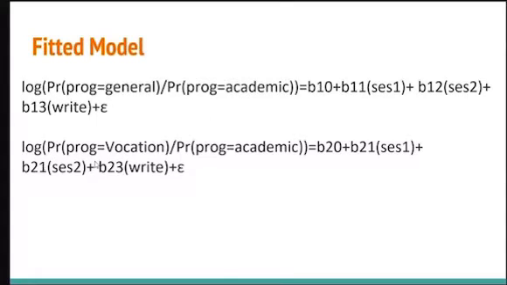Then the second one is the log of the probability of the vocation program relative to that of academic. And do you know that the logit here will be linearly related to the predictor variables? Take a look at that.